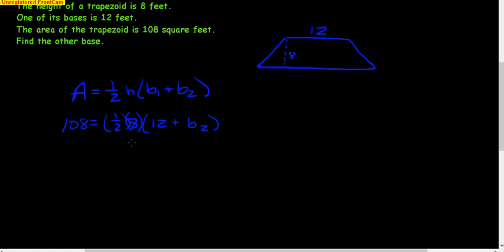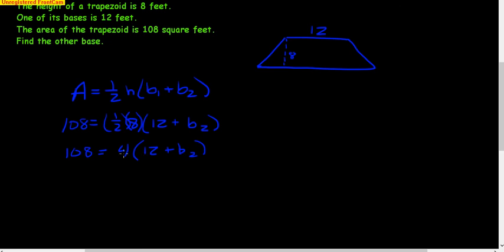All right, so the one thing you want to do is you want to do the math as much as you can. You want to simplify things on the same side as much as you can before we start doing algebra. So I can take this 1/2 and multiply by 8. That's going to work out nice. So that gives me a 4. All right, and everything else just comes straight down. All right, and I want to get rid of this 12, and I want to get rid of this 4.